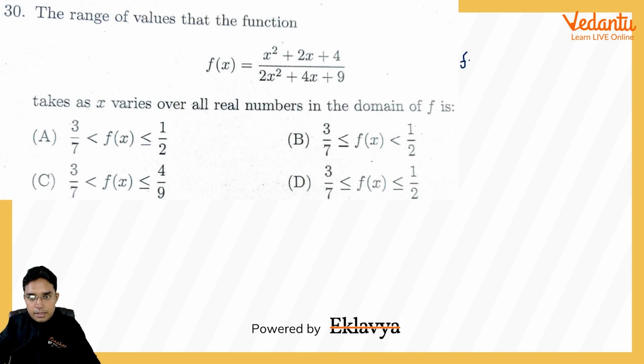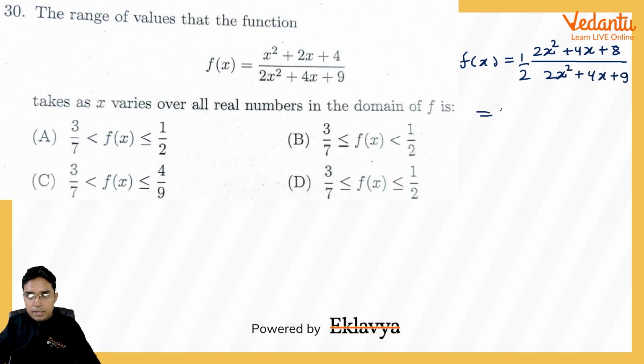If you notice in this question, f(x) we are given, if I multiply by 2 and half both, numerator will become 2x square plus 4x plus 8 and 2x square plus 4x plus 9.